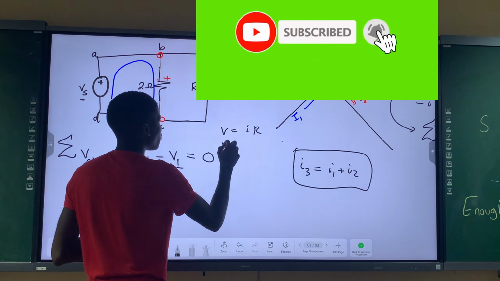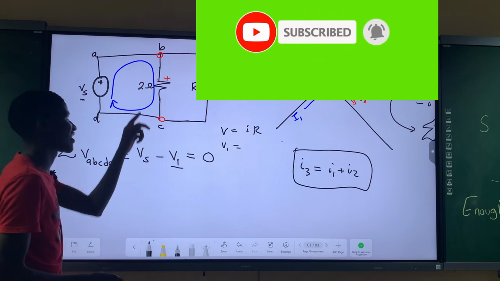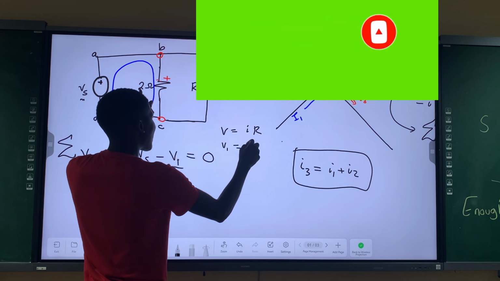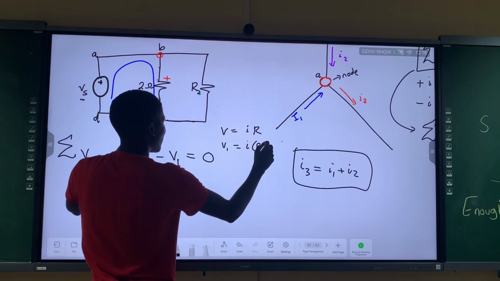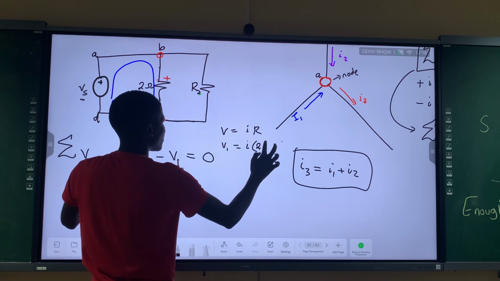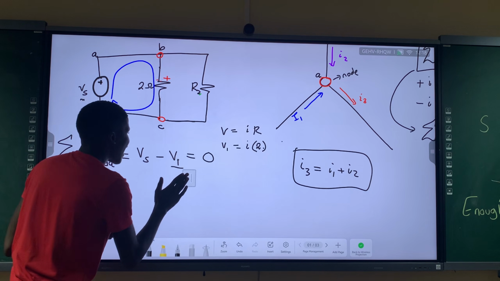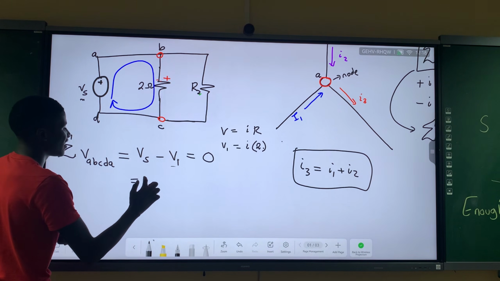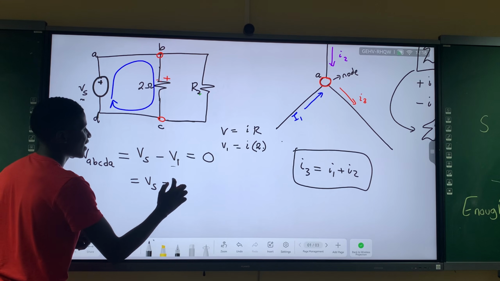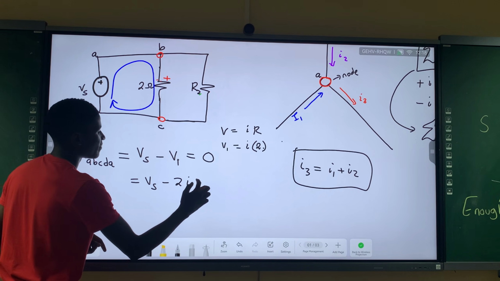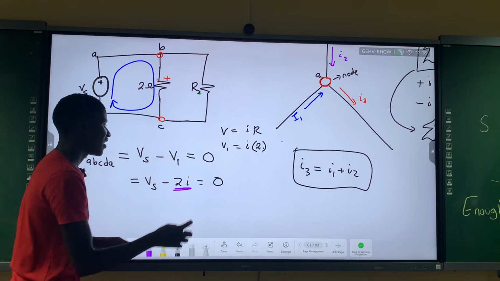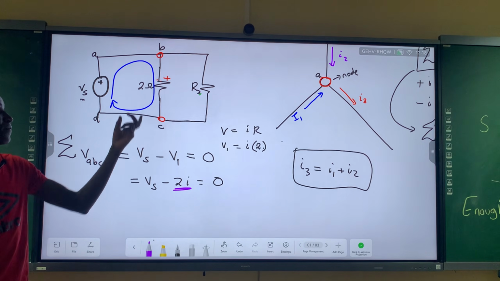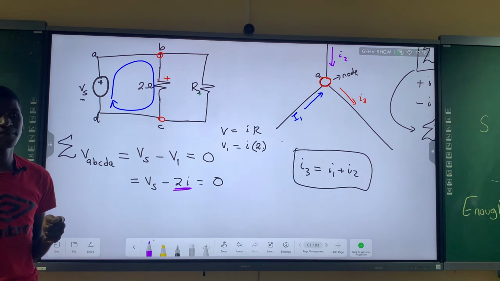So to find the voltage across resistor 1, I can use the current through resistor 1 times the resistance of 2. That's why most likely we are to write something like this: Vs minus 2 times I is equal to 0. This 2I, it is the voltage across the 2 ohm resistor.